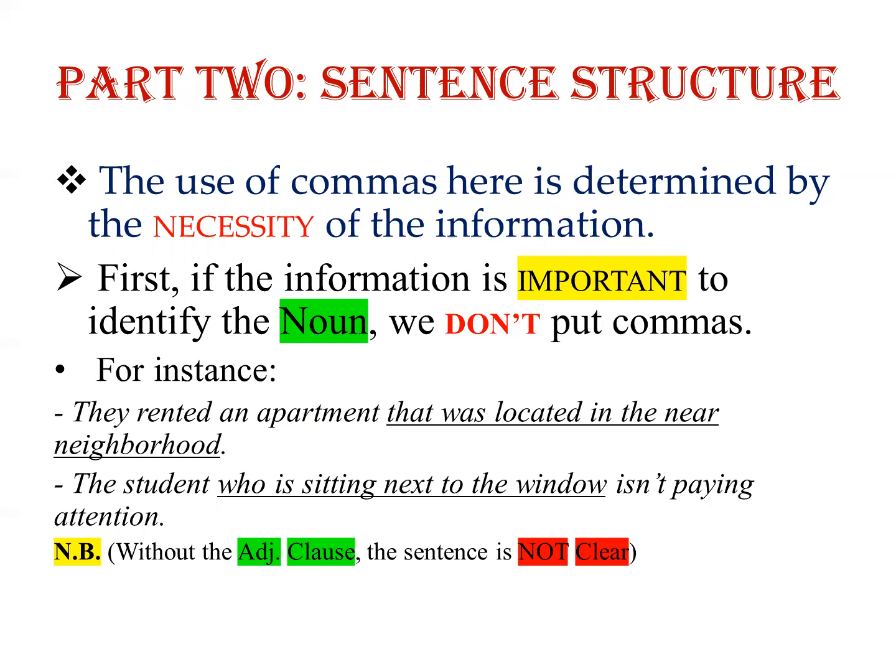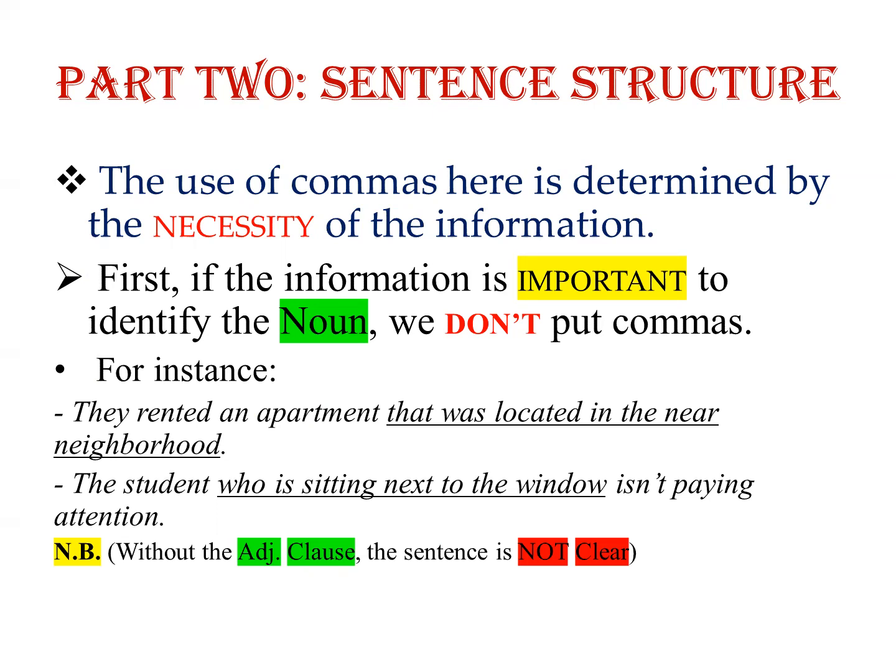If the information is necessary to identify the noun, meaning the noun is not obvious and we need this adjective clause to make it understandable, we don't put commas. If the information is necessary, we don't put commas.